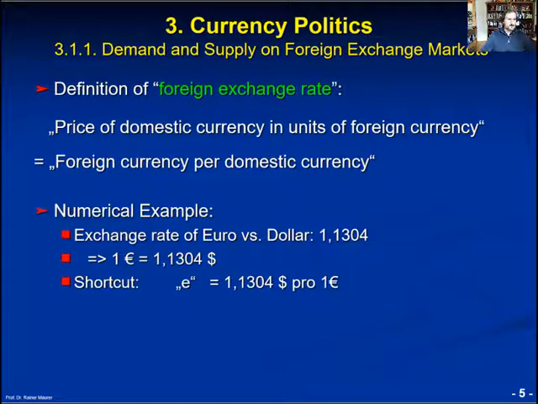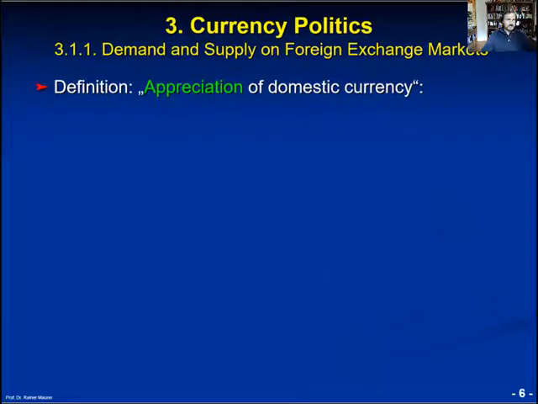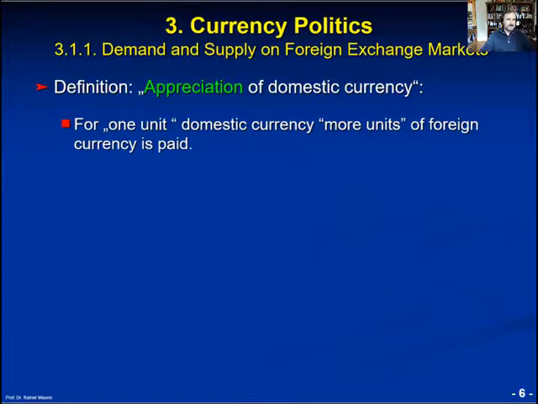As a shortcut for exchange rate, we will use the following lowercase letter e. e has the dimension dollar per euro, so we will use the index symbols dollar over euro to make this clear. Following this definition, an appreciation of domestic currency means that for 1 unit domestic currency, more units of foreign currency is paid.